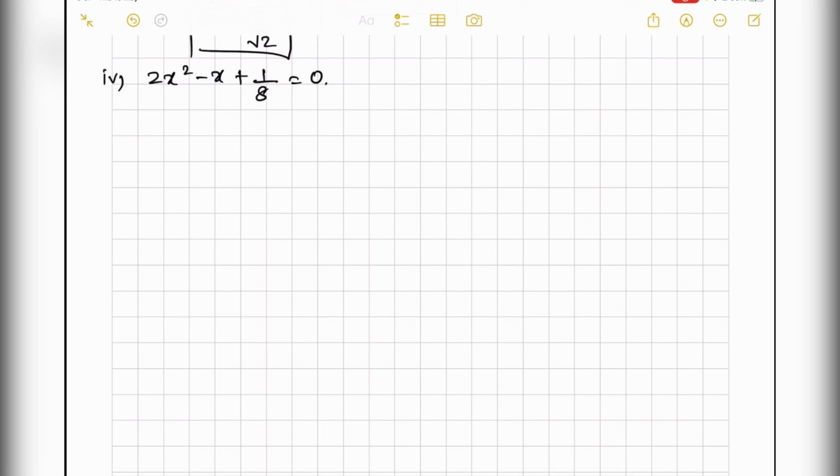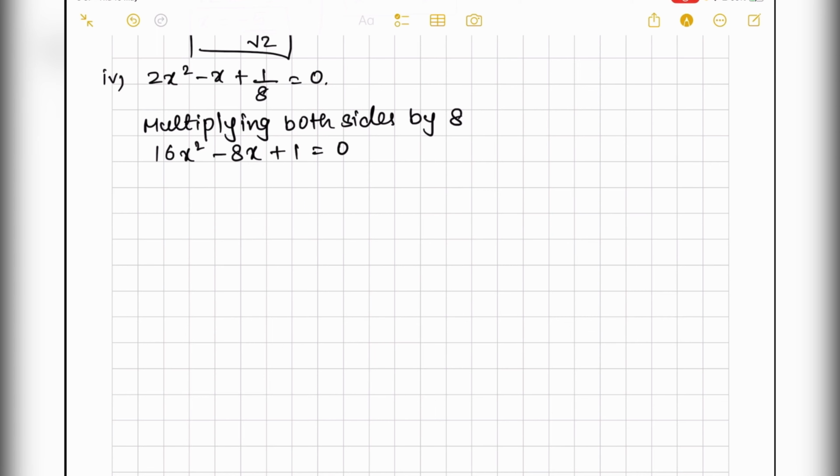So instead of doing that, I am multiplying both sides by 8. I am multiplying all the terms with 8. So here I will get 16x square minus 8x plus 1 equal to 0.